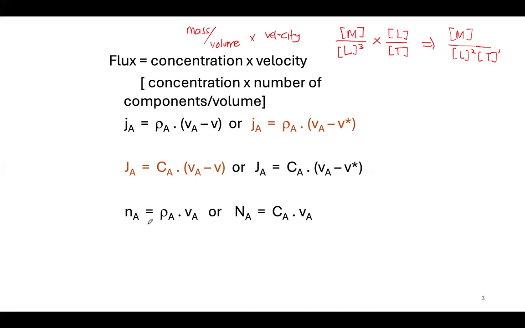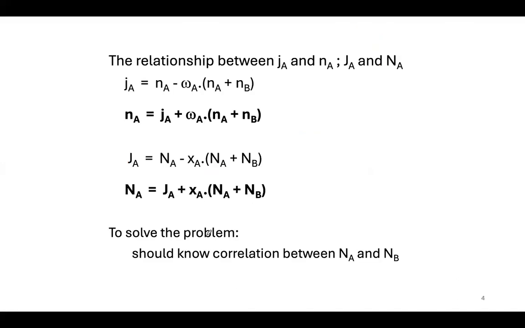Okay, so here then we can say that NA equals the density multiplied with the velocity. So the correlation between NA and JA is defined like this. JA is equal to NA minus the fraction, both in mass or in molar, multiplied with NA plus NB.